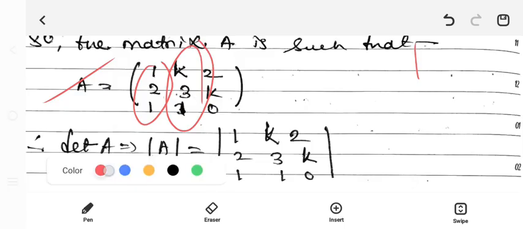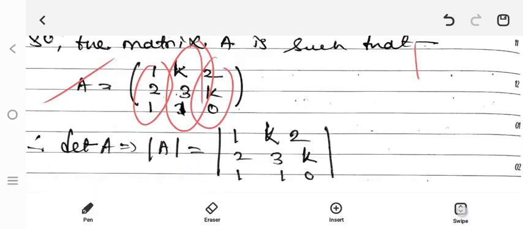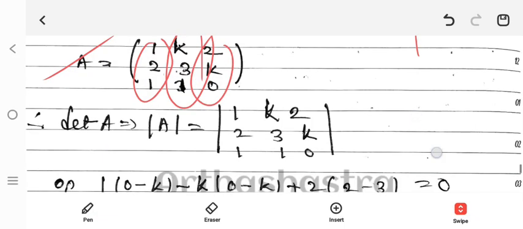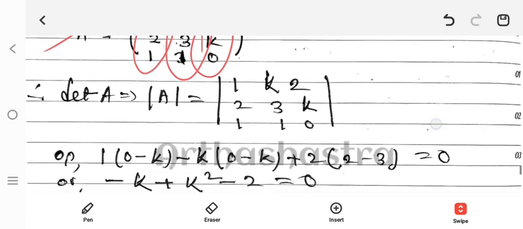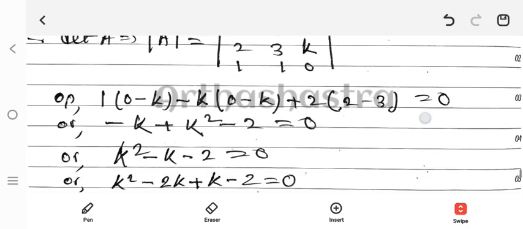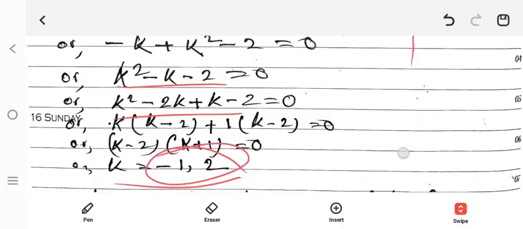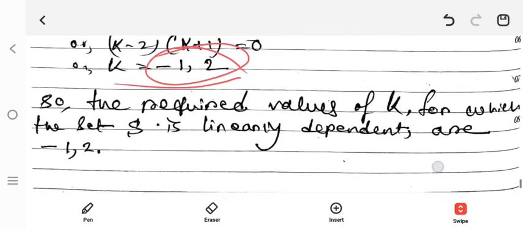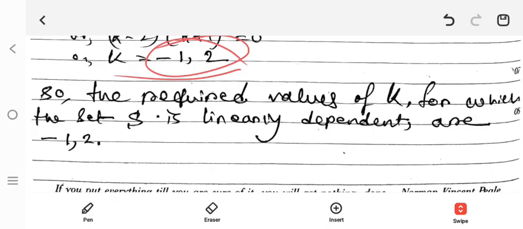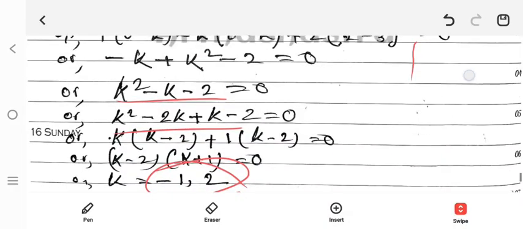Now solving the determinant of A, we have K equal to -1 and -2.